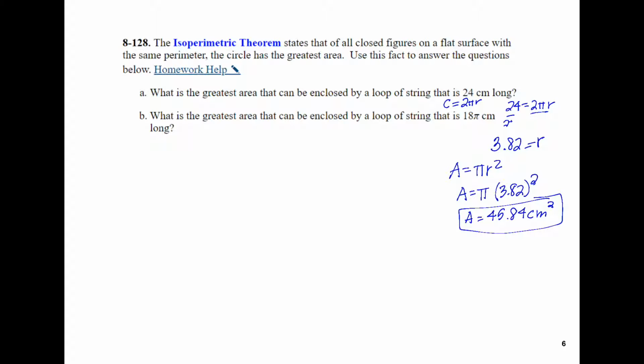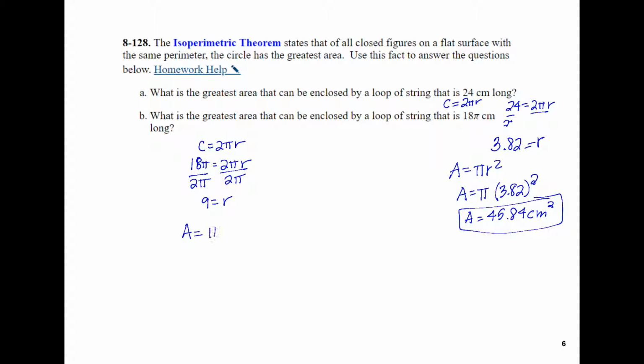What is the greatest area that can be enclosed by a loop of string that is 18 pi centimeters long? So if our circumference, which is 2 pi r, is equal to 18 pi, we divide by our 2 pi, so we get 9 is equal to our radius.